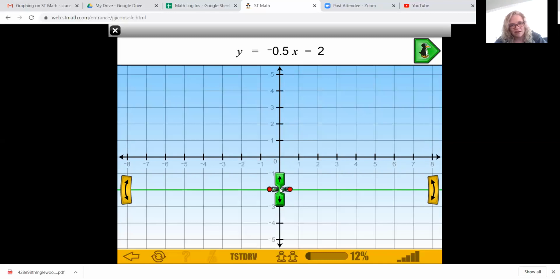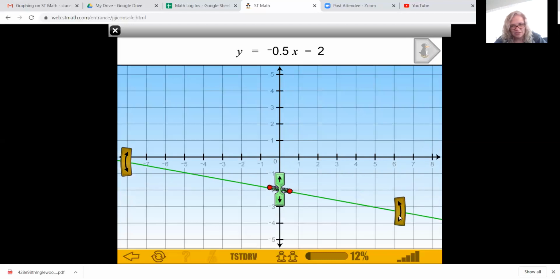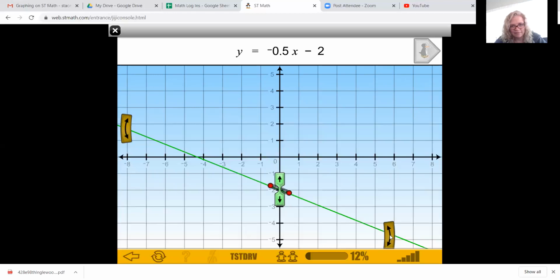So that means our slope is going to go down 1/2 and then over 1. So we need it to cross right about here where my white arrow is. So I'm going to grab this and I'm going to turn it right about there. Okay, close enough.